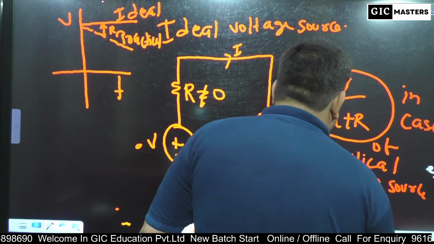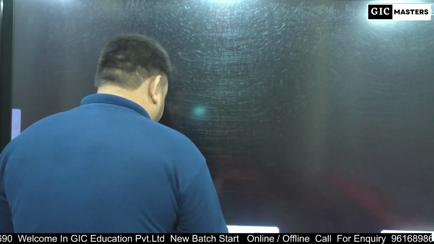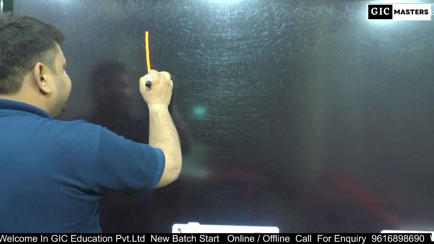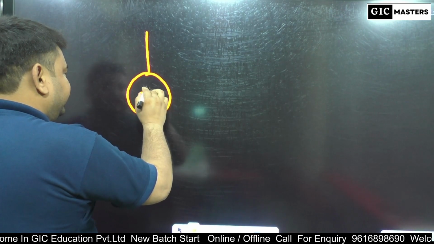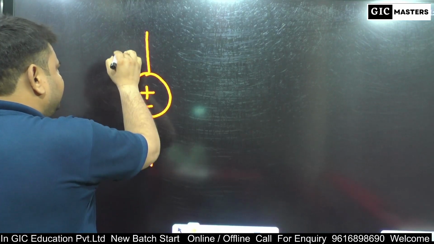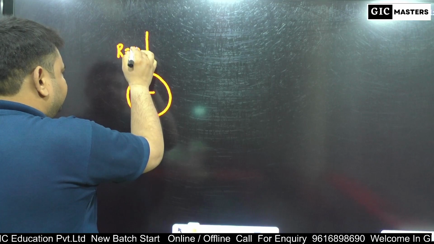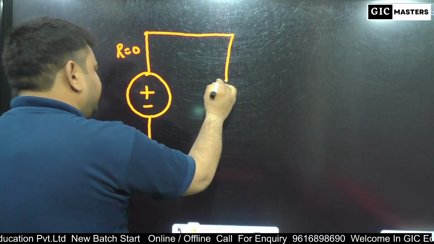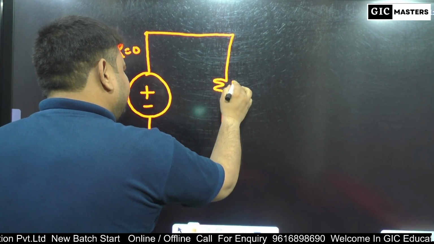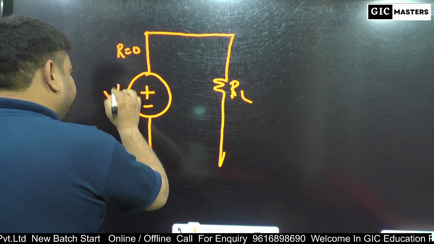But in case of an ideal voltage source, internal resistance is 0, so only load resistance RL is connected with this.